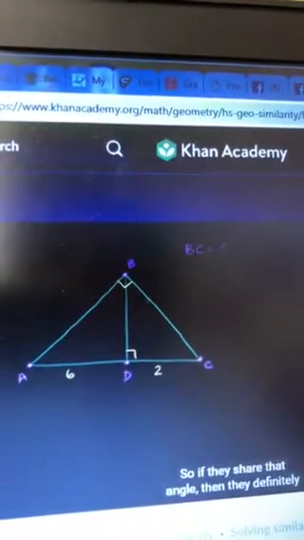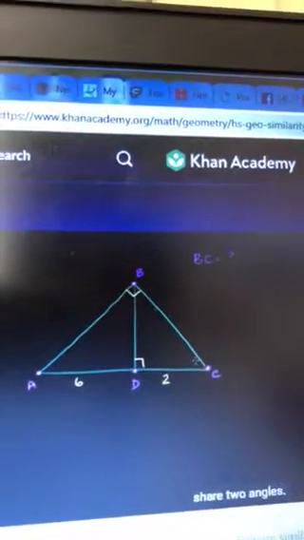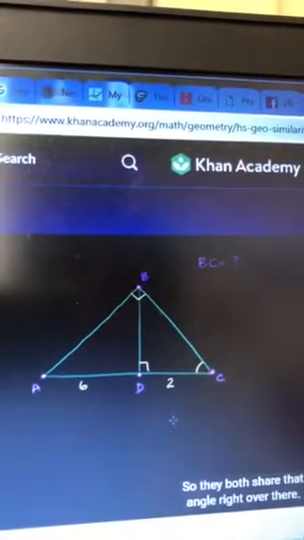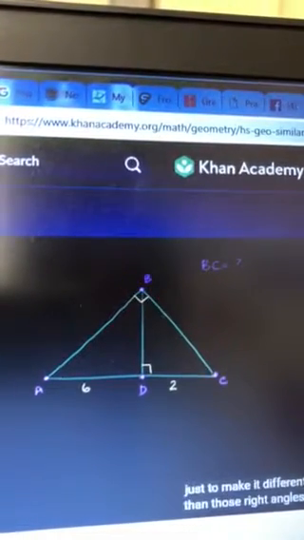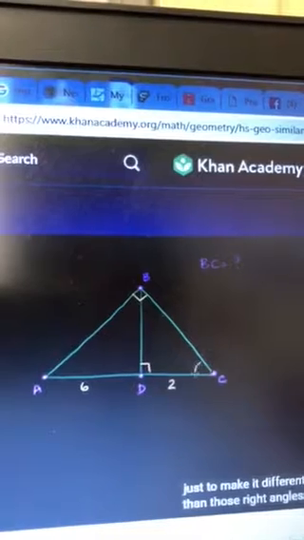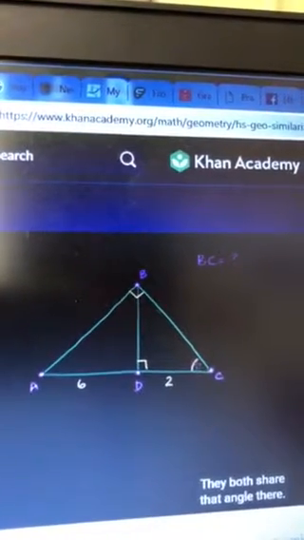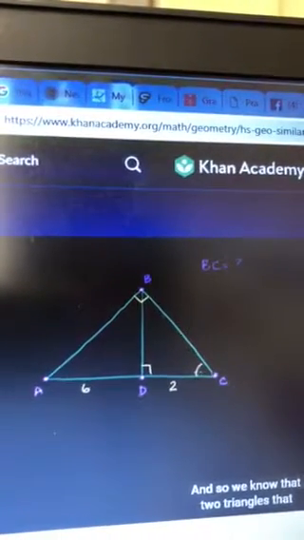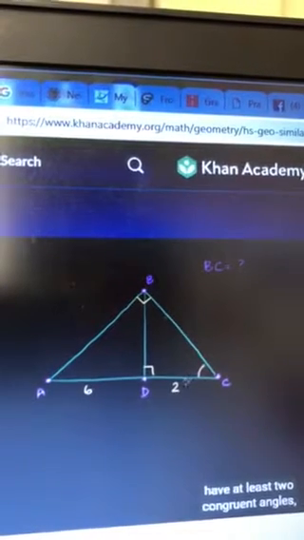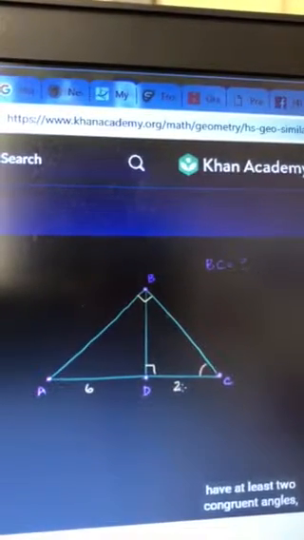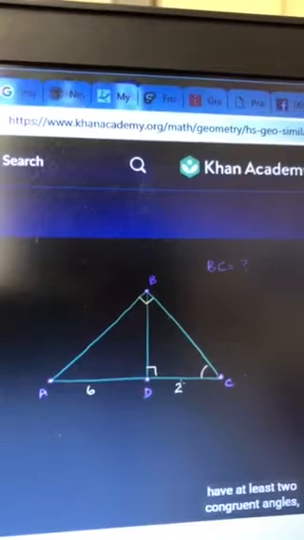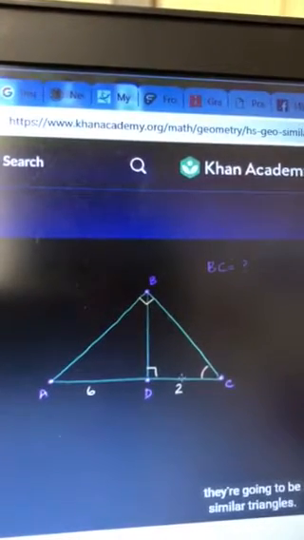So if they share that angle, then they definitely share 2 angles. Let me do that in a different color, just to make it different than those right angles. They both share that angle there. And so we know that 2 triangles that have at least 2 congruent angles are going to be similar triangles.